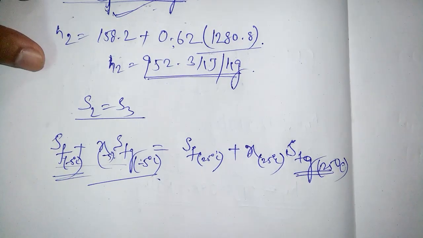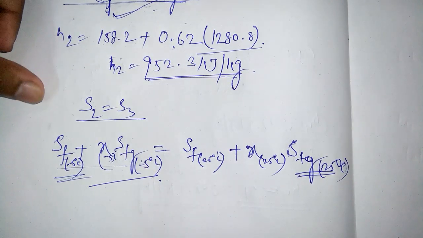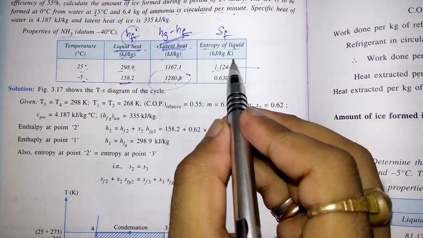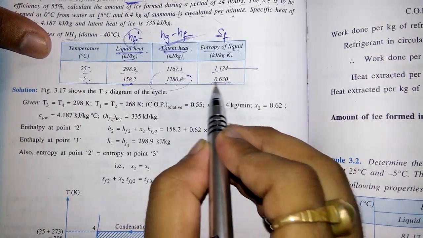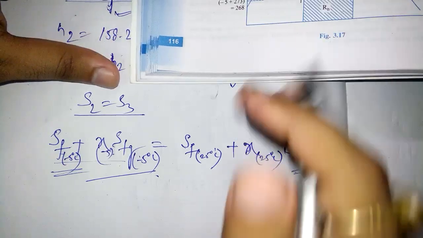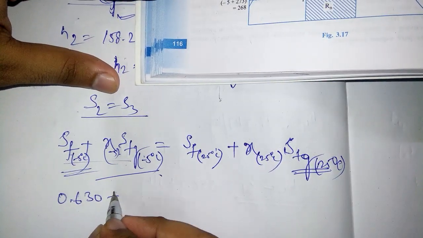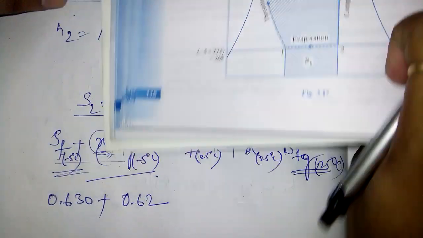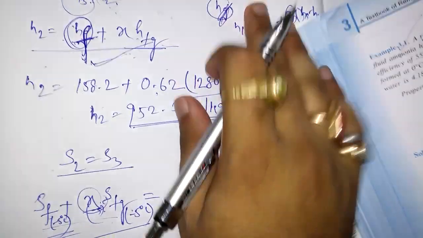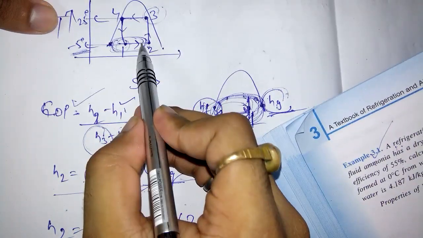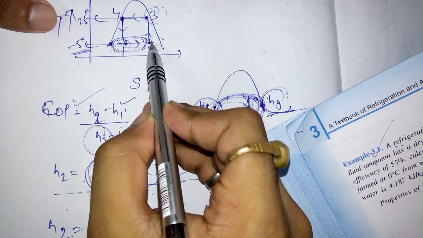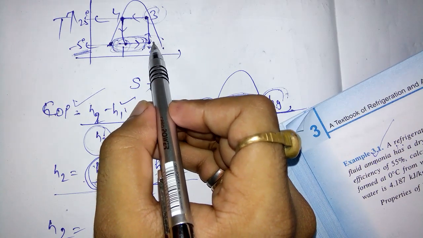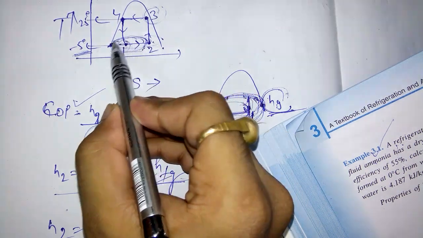Now let's put in the values. Sf for the liquid region at minus 5 degrees Celsius is 0.630. So let me put 0.630 plus x, and we know x is 0.62, because at the minus 5 degrees Celsius zone the dryness fraction is given in the question.